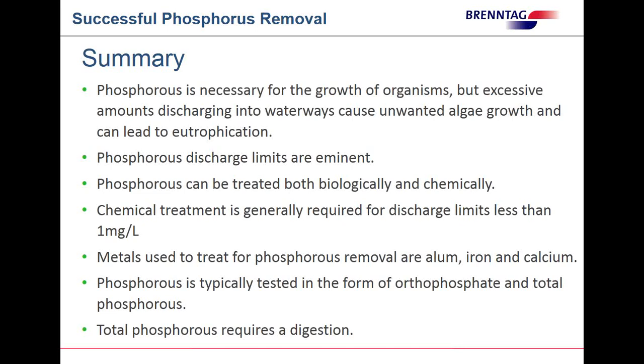The chemical treatment is generally required for discharge limits less than 1 milligram per liter. Metals used to treat phosphorus are alum, iron, and calcium. Phosphorus is typically tested in the form of orthophosphate and total phosphorus. Again, you want to make sure of the units you're talking about. Total phosphate requires a digestion.